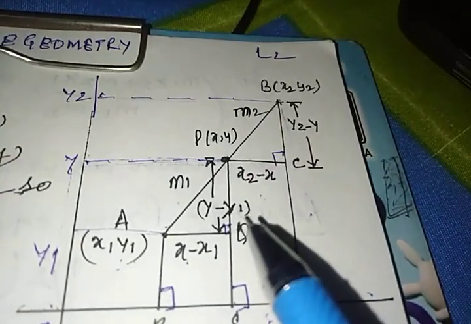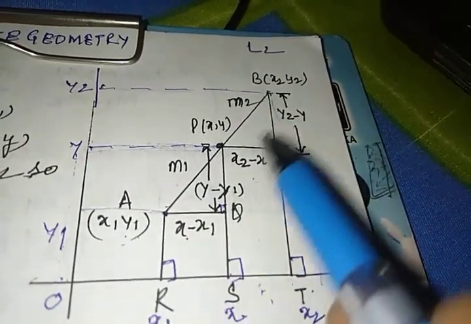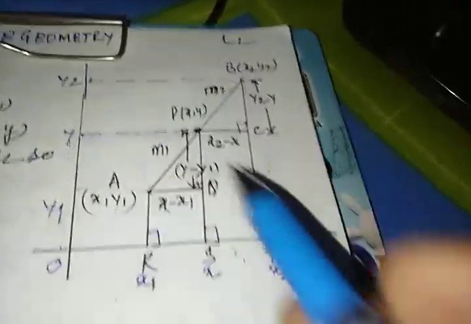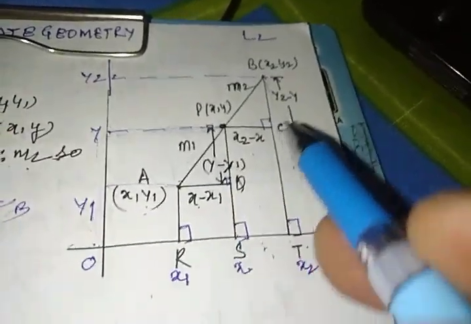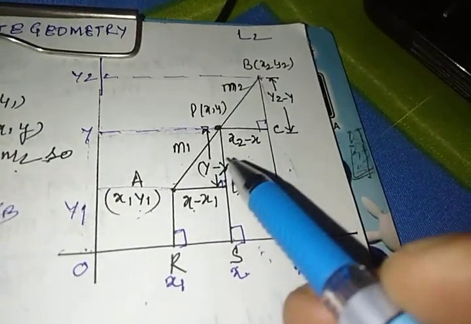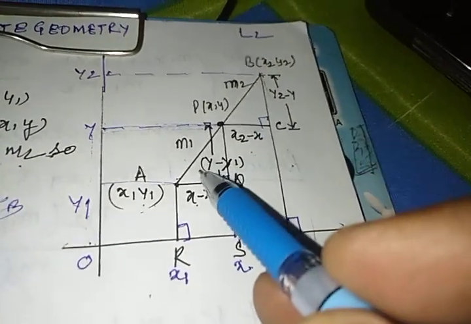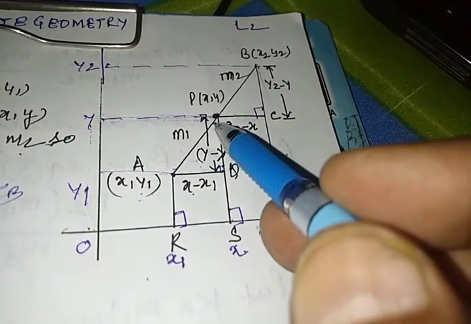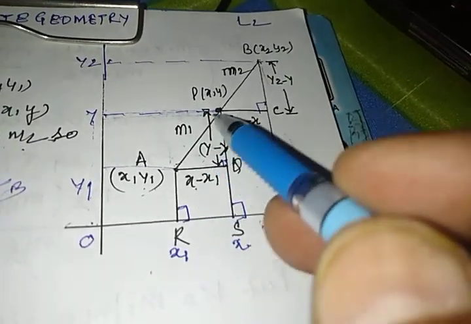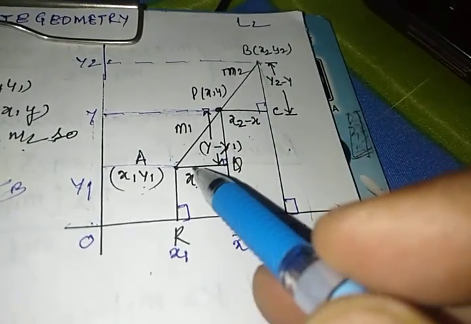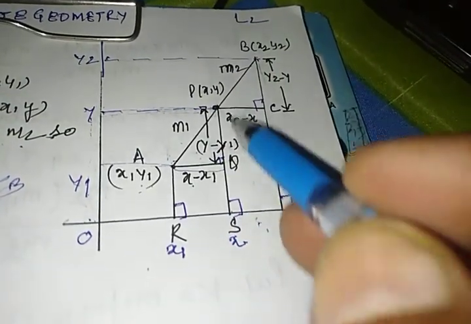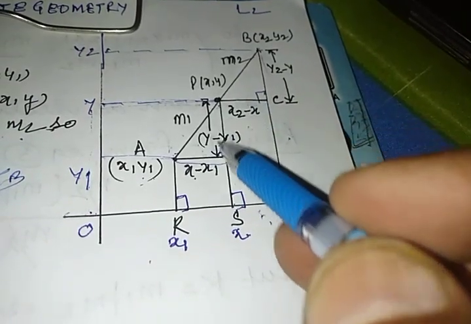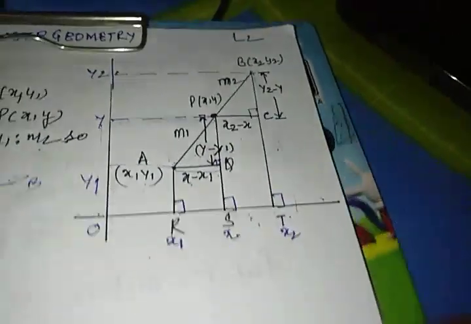Since here we have these two triangles, don't go deep into similarity, just consider them as similar. So these two are similar, so their corresponding sides will be proportional, meaning PA upon PB equals AQ upon PC equals PQ upon BC, right?